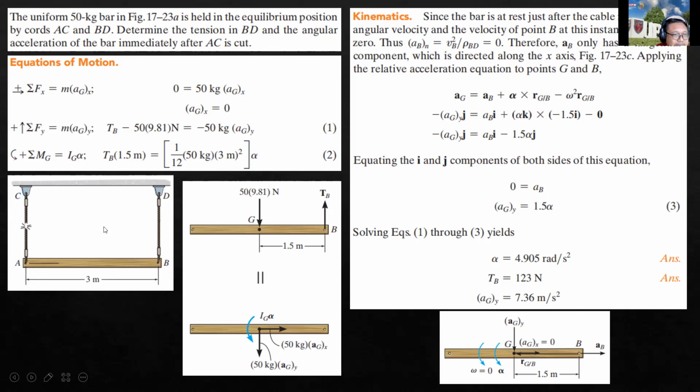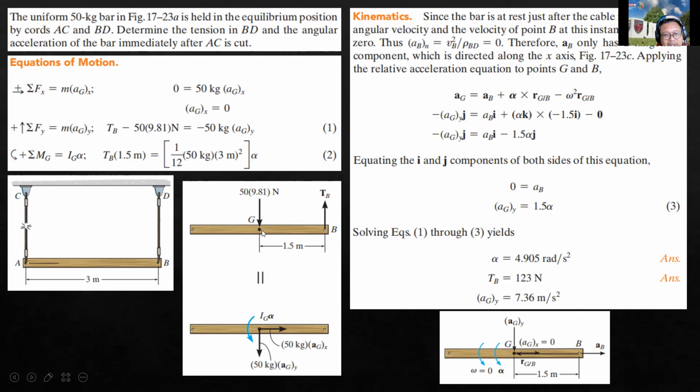The first thing is to look into this free body diagram. What do we have when we cut this AC? No more string, no more attachment at this point. So it is gone now.